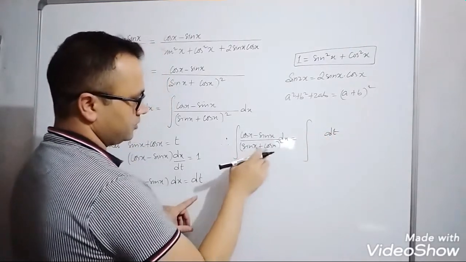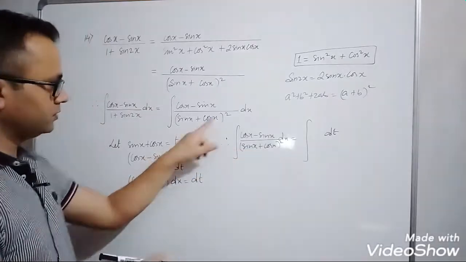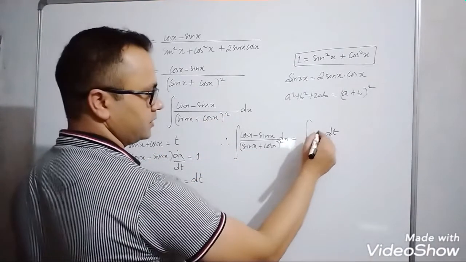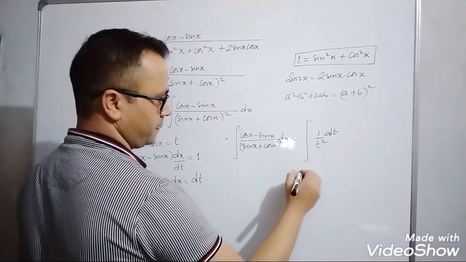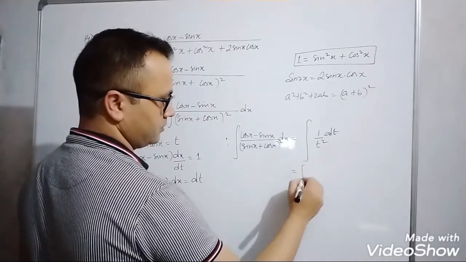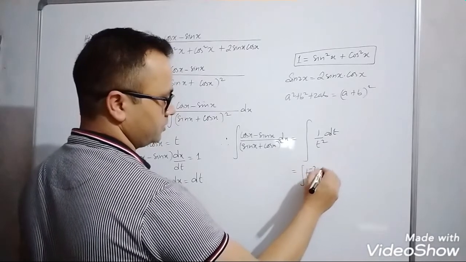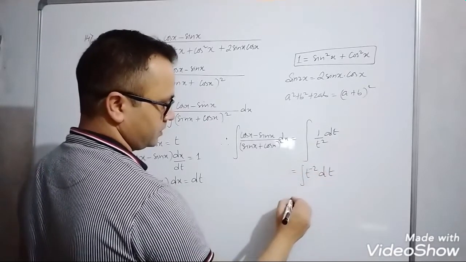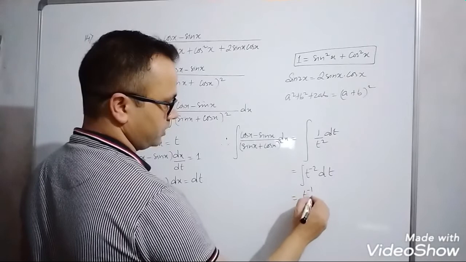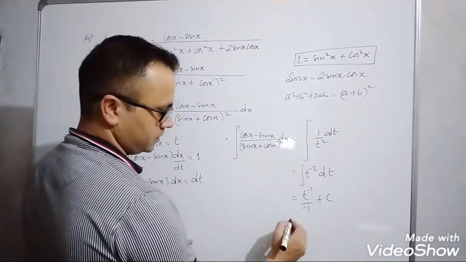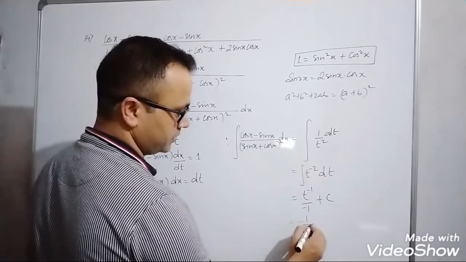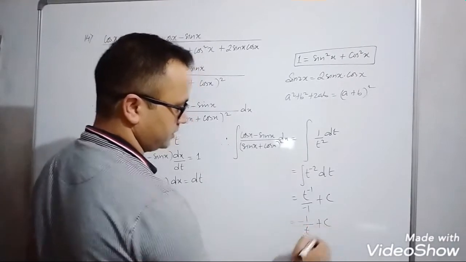Now sin x plus cos x is t, and because of the square, it is 1 by t square. Now this equals the integration of t to the power minus 2 dt. So this equals t to the power minus 1 by minus 1 plus c, which equals minus 1 by t plus c.